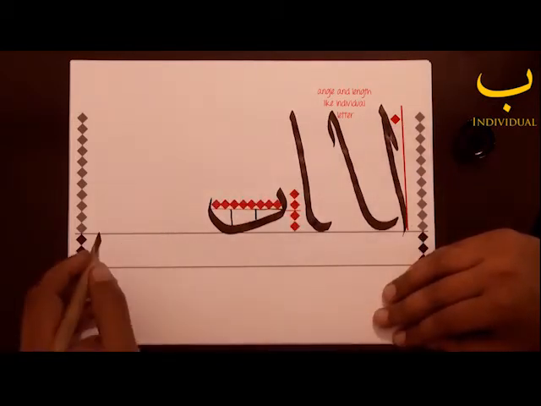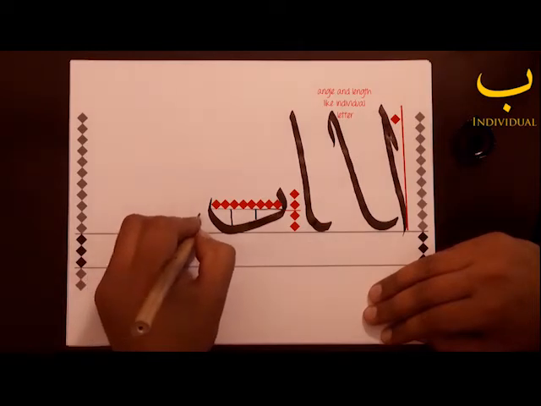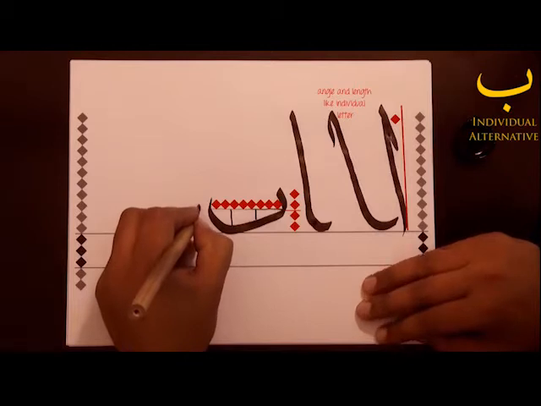And this ties in with the Thuluth name, that the horizontal strokes go down for 2/3 of the way and come up for 1/3.